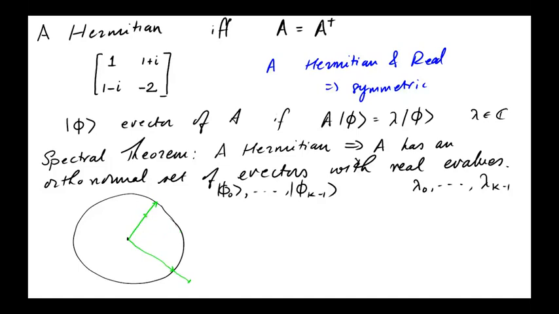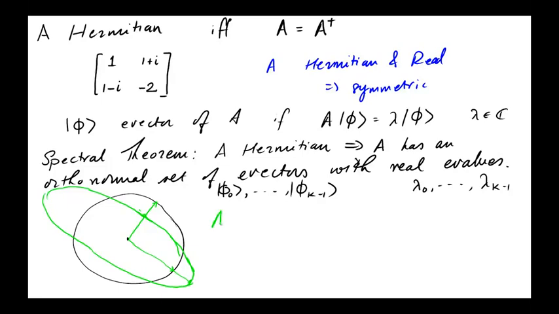And so what it does is it takes this circle or a sphere in k dimensions, and it sort of distorts it into an ellipse like this.